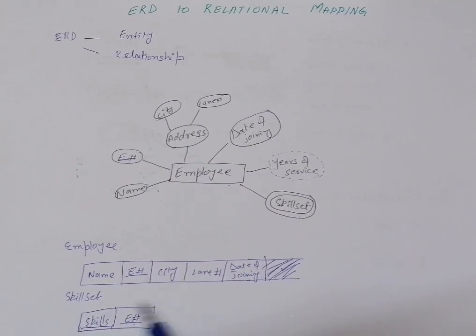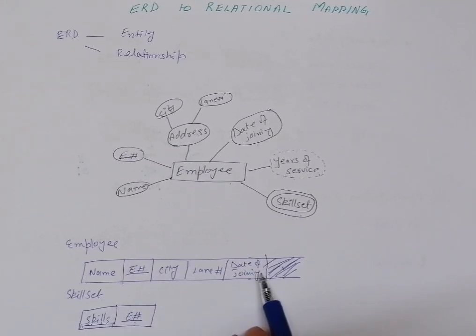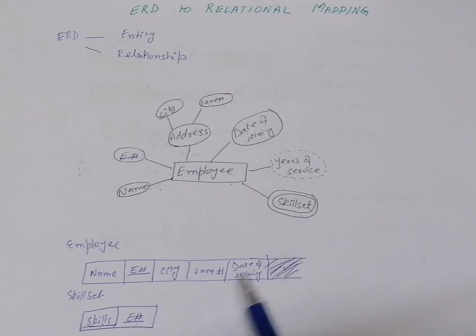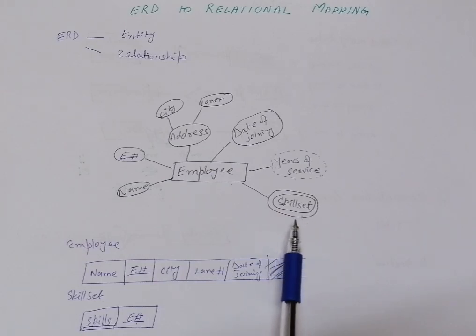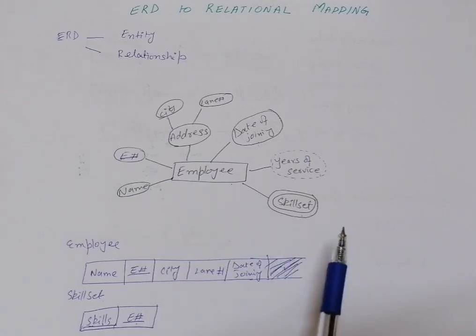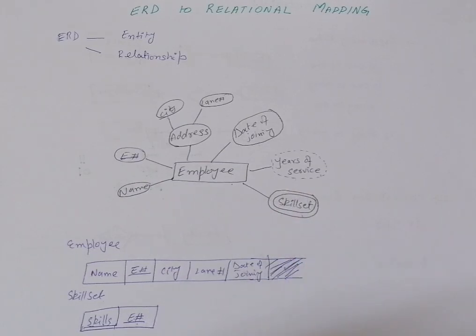The reason for separating skills from this particular relation is we don't know the exact values that may fall under the skill set of a particular employee beforehand. So in order to avoid duplicate entries and avoid the mess, we split it from this table and create another table like this over here.